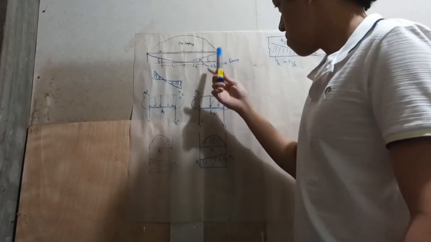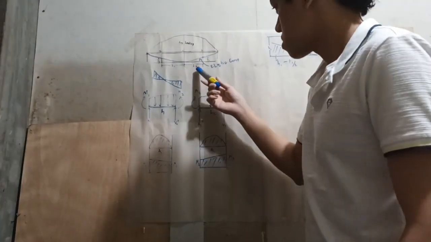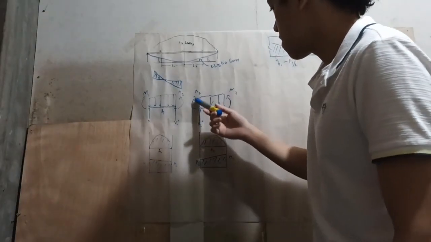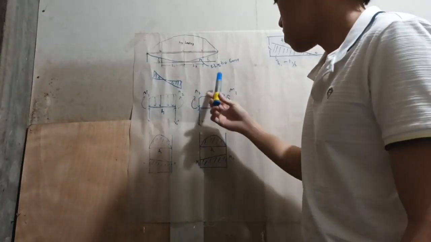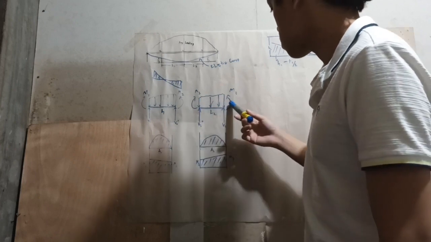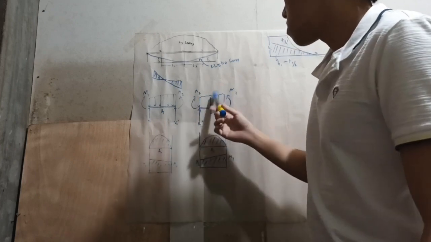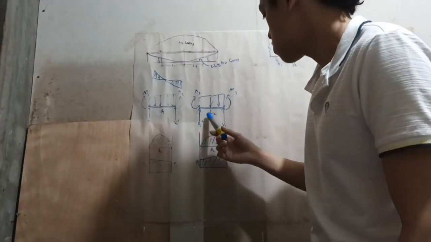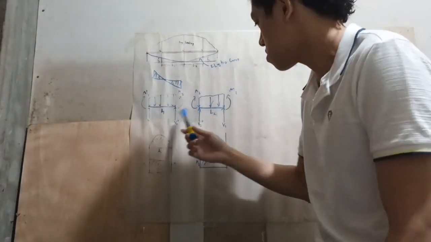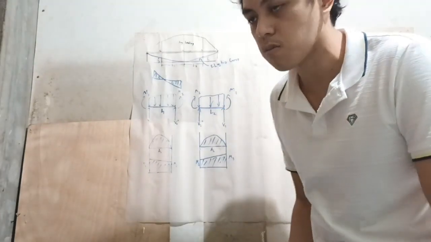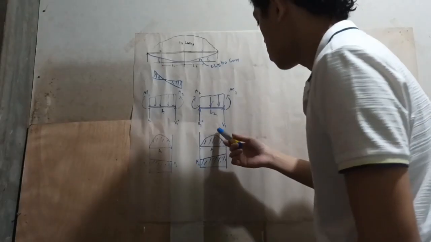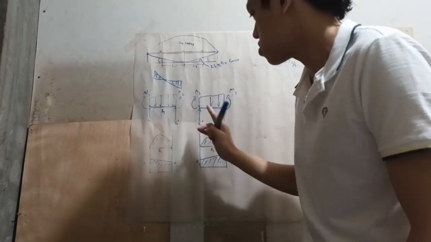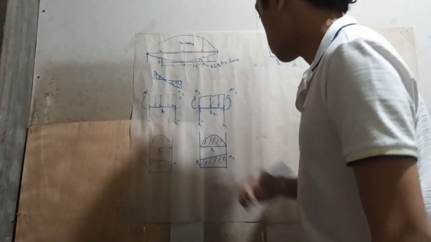Then on the second span, we have M2, same, clockwise, counterclockwise. We have shear 2, double prime. If we add these two, what is the direction of the shear at point 2? We add the two shears, plus we have shear 3.